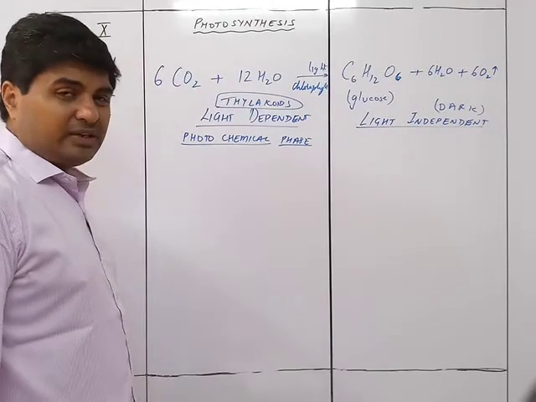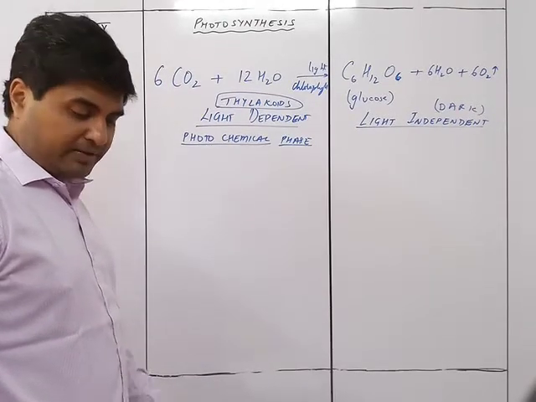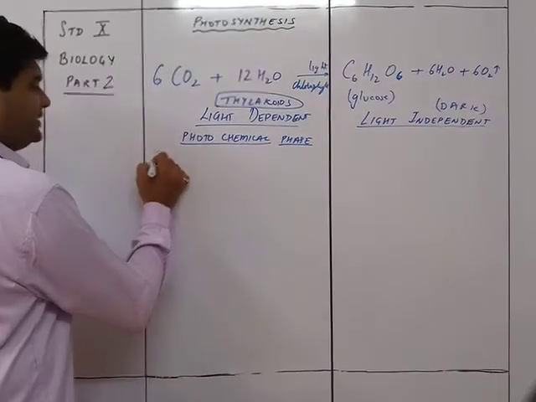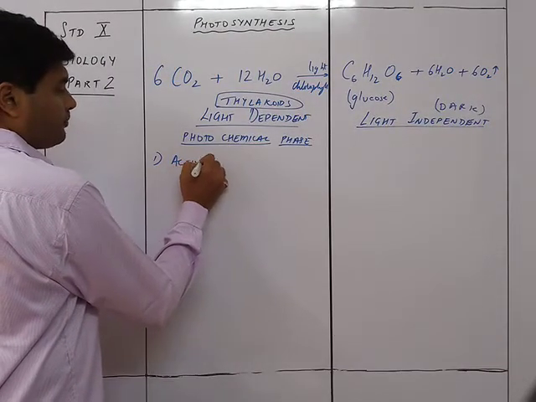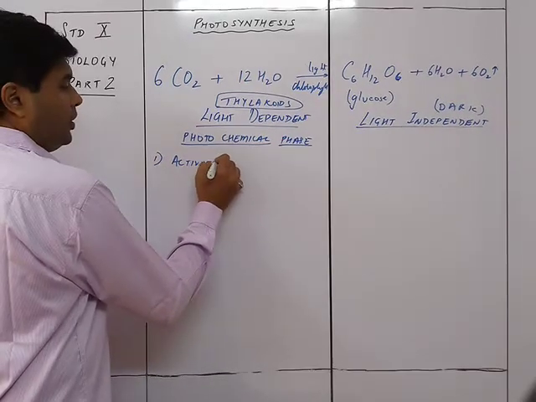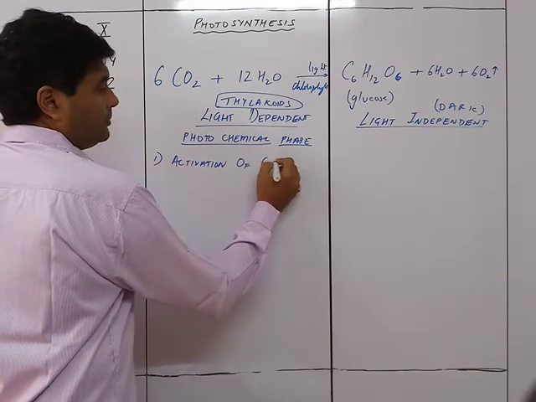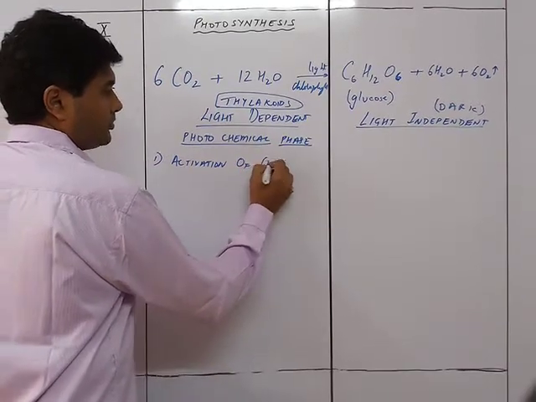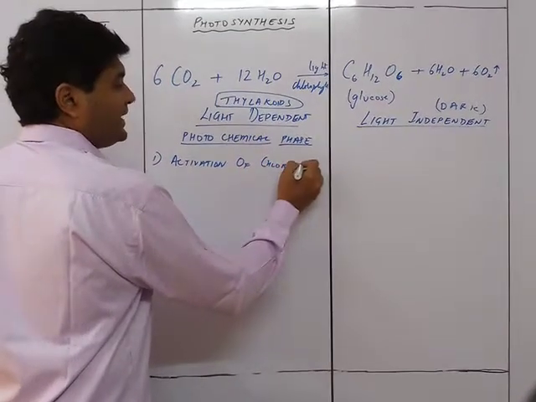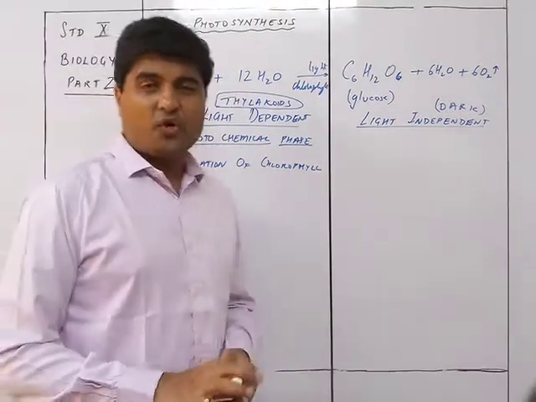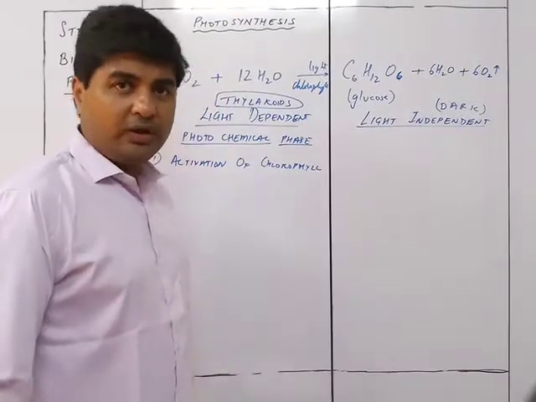Now this photochemical reaction takes place in two steps. First one is activation of chlorophyll. The chlorophyll is going to get activated by the presence of sunlight. Photons are absorbed by the chlorophyll and activate it.